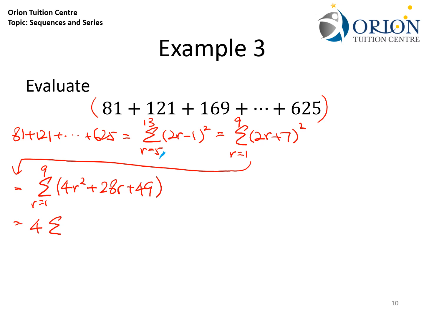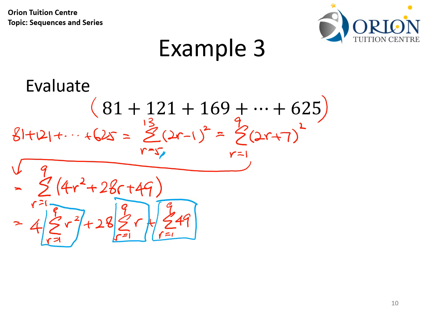4 summation of r equals 1 to 9 of r squared plus 28 summation of r equals 1 to 9 of r, and finally summation from r equals 1 to 9 of 49. Each of these three summations, we have a formula for them. So we can evaluate this sum pretty easily.